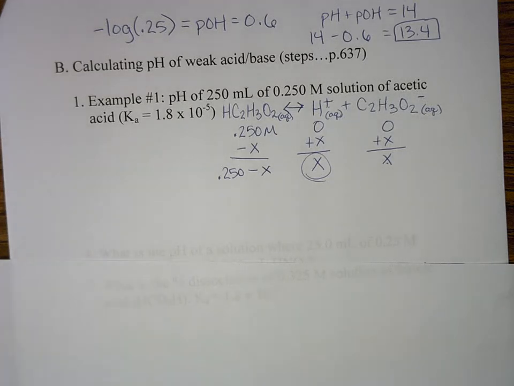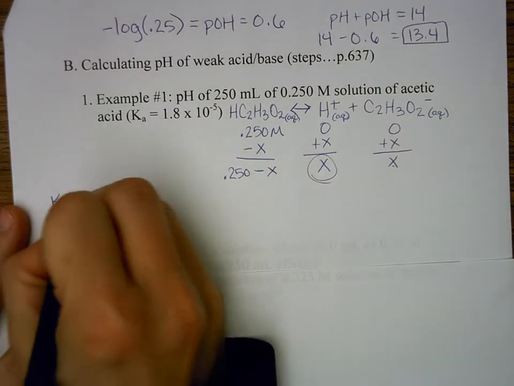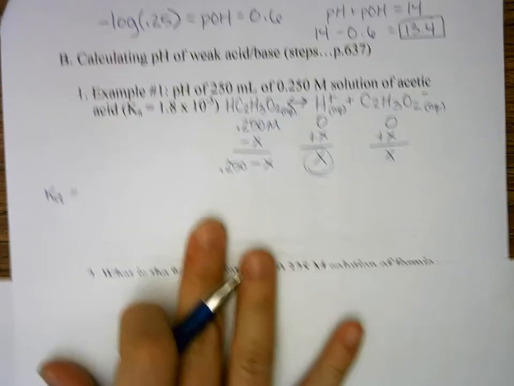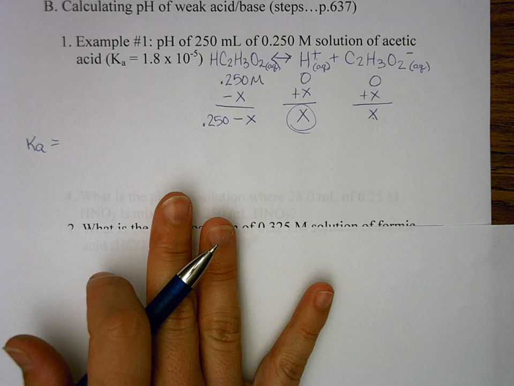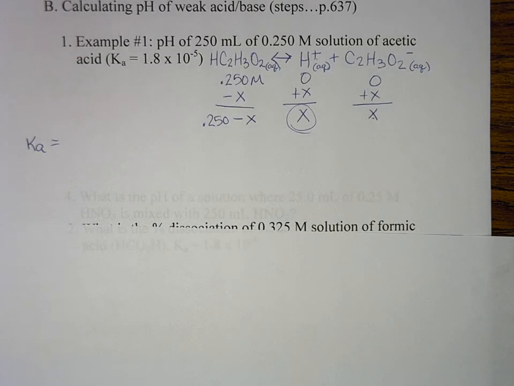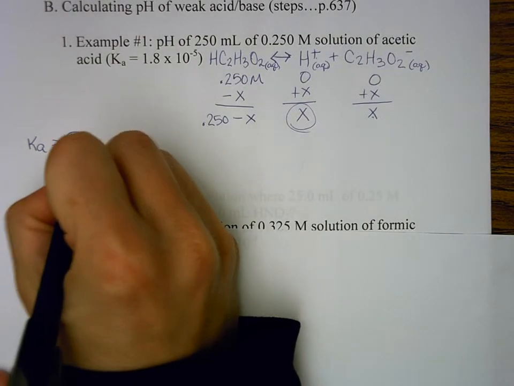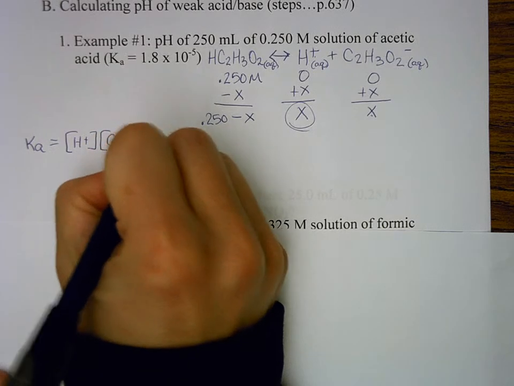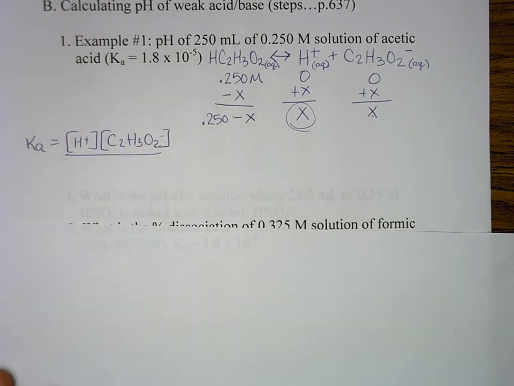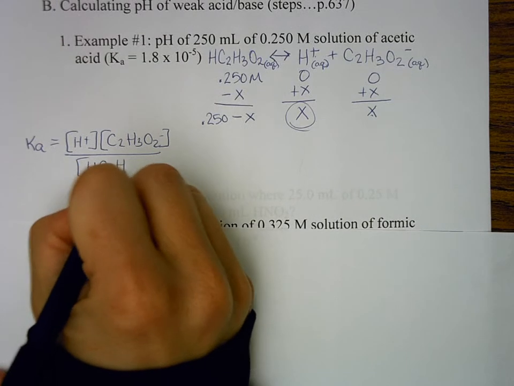First of all, we have to remember that when you're writing equilibrium expressions, it's products over reactants of everything when we're dealing with aqueous solutions. So on the top, hydrogen ion concentration, acetate ion concentration, divided by the concentration of the leftover acetic acid.